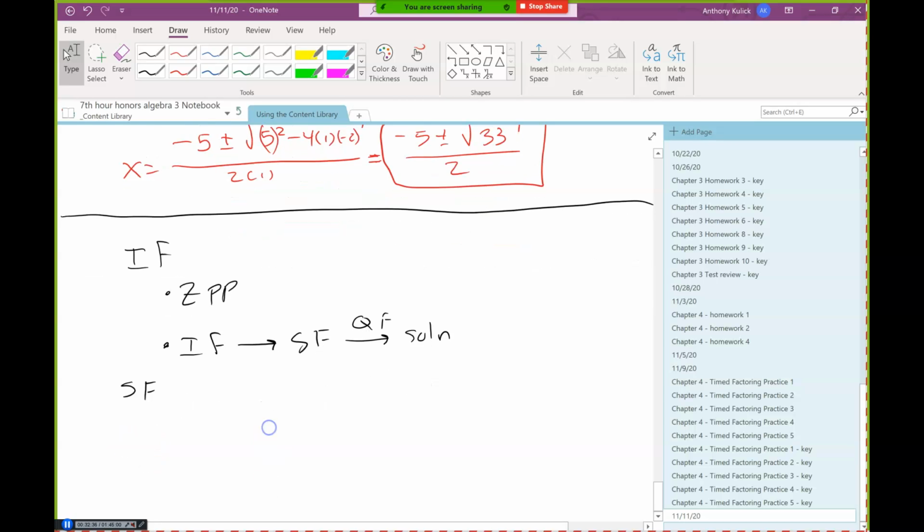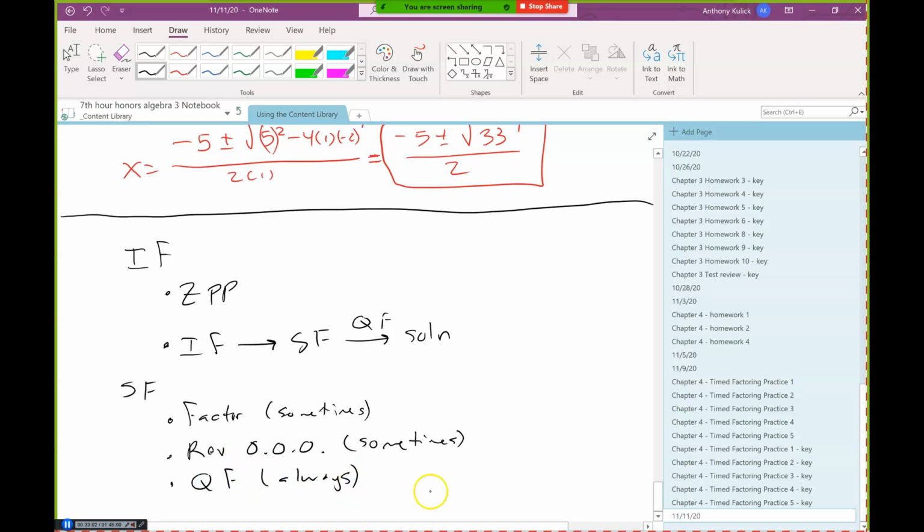In standard form, we can factor sometimes. We could use the reverse order of operations, again, sometimes, but we can always use the quadratic formula. That always works.